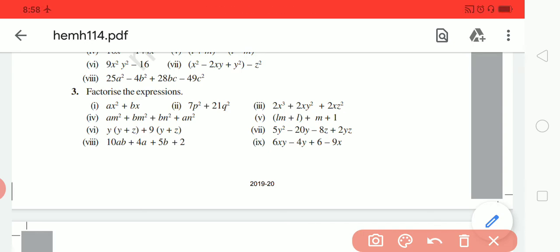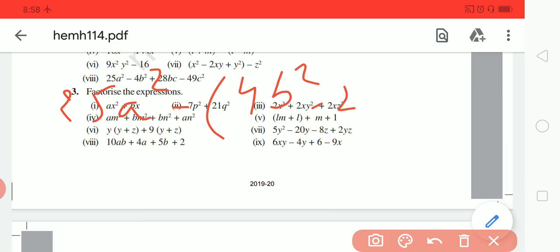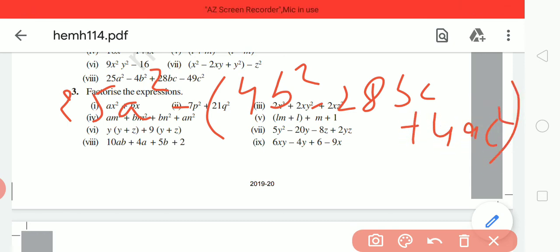Let us rewrite. So we will take 25a square as it is, take minus common from the last three terms. You will get positive 4b square minus 28bc, and this minus 49 becomes positive 49c square, right? So you can see this is (5a) whole square, that is 25a square.